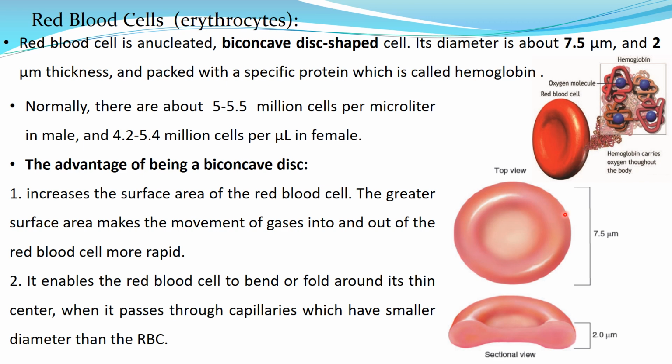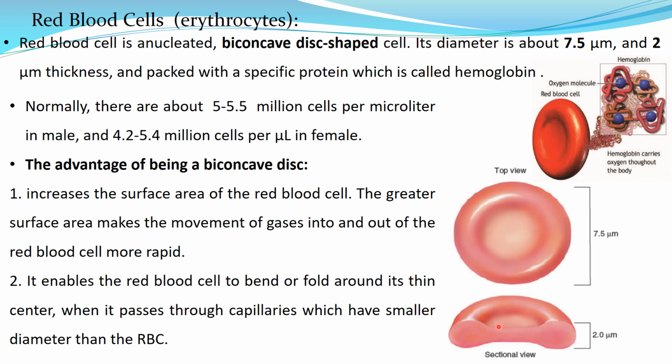So the gases, especially oxygen, can easily enter the cell and combine with the hemoglobin, and can leave it when it gets into the body tissues, where the partial pressure of oxygen is lower compared to the erythrocytes. So the first advantage of this biconcave disc shape is to increase the surface area of the cells.